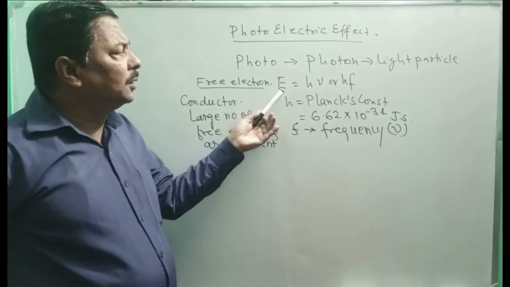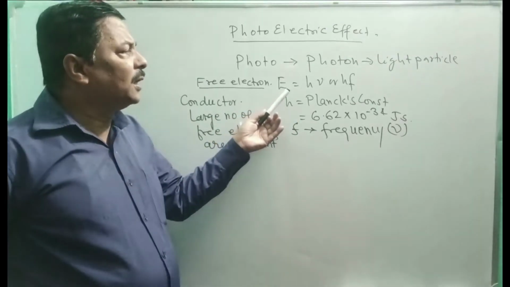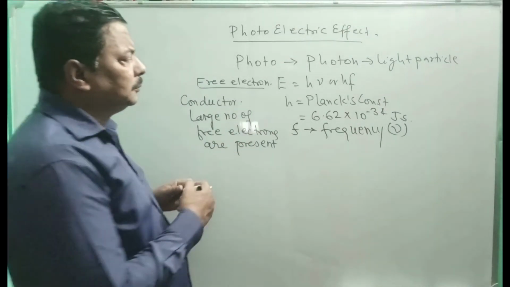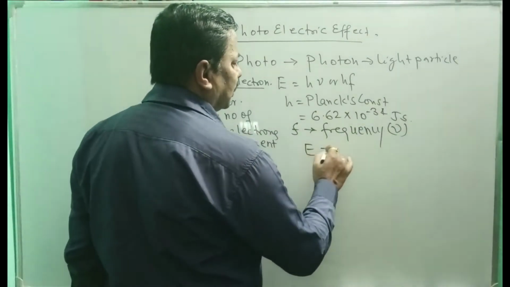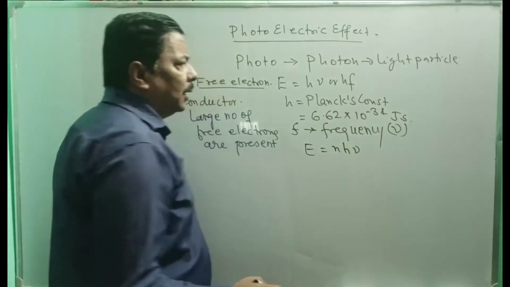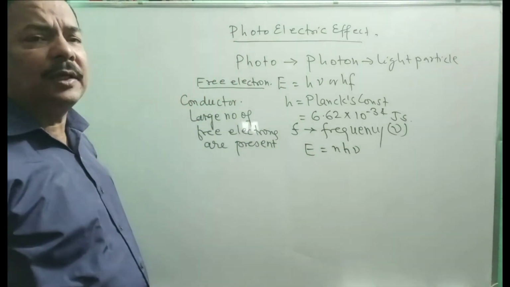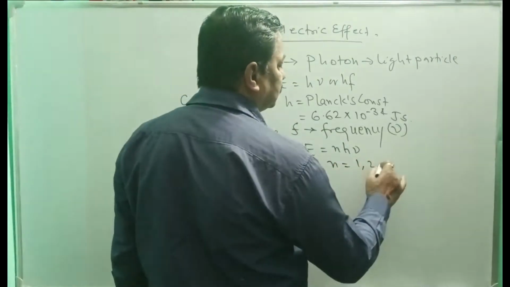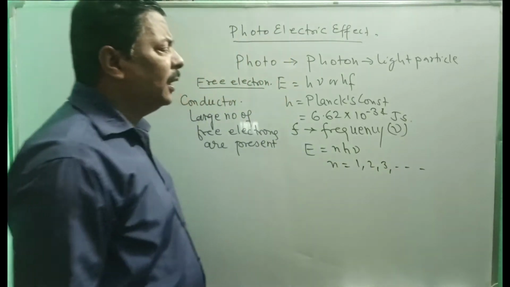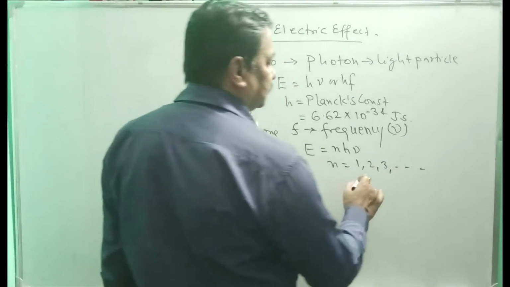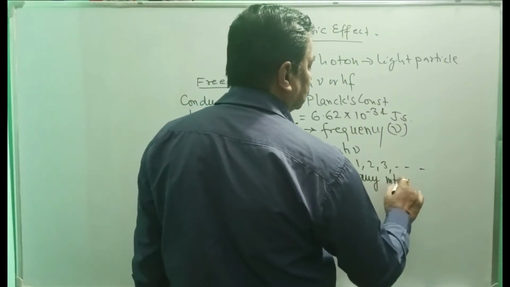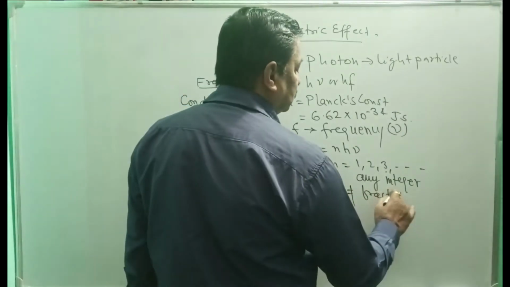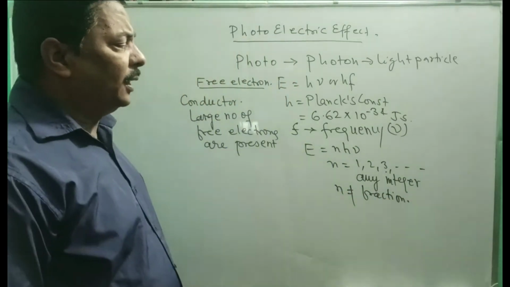Now we have talked E is equals to h nu. This basically tells the energy of one photon. In general, E is equals to n h nu, where n is your number. Any integral number is there. n cannot be a fraction.